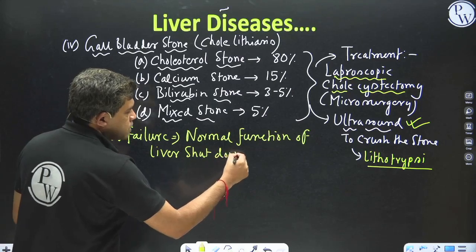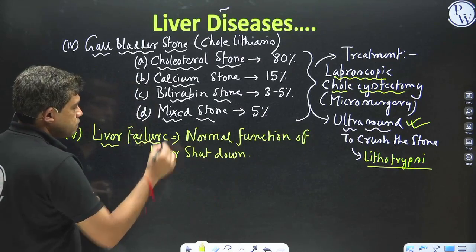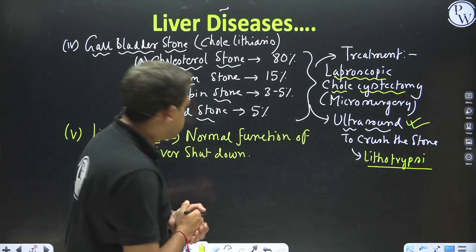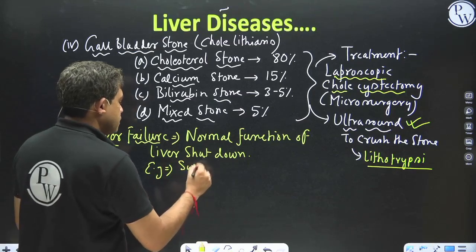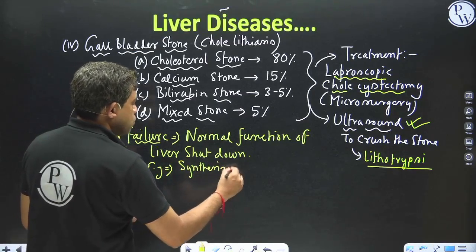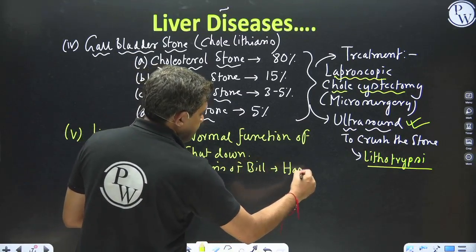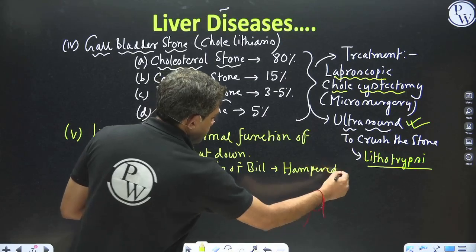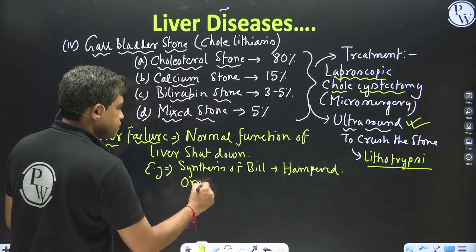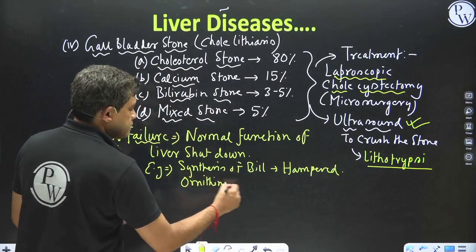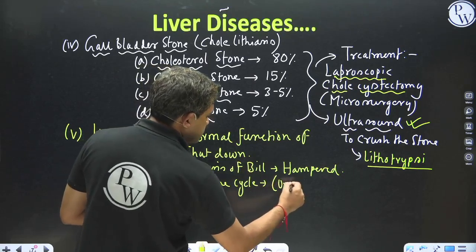I have already told you what the important functions are. If the liver was functioning okay, it is helping with, say, the synthesis of bile. Synthesis of bile will get hampered. Number one, for example, it is performing the ornithine cycle, which is also termed the urea cycle.